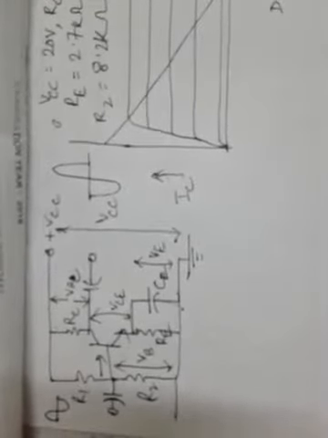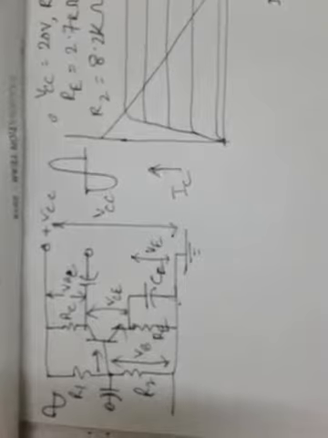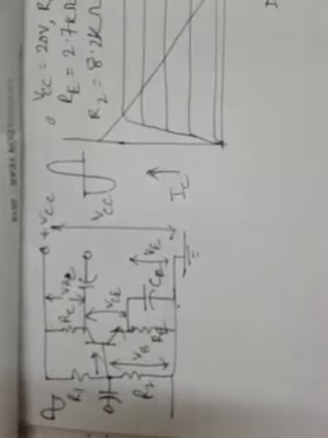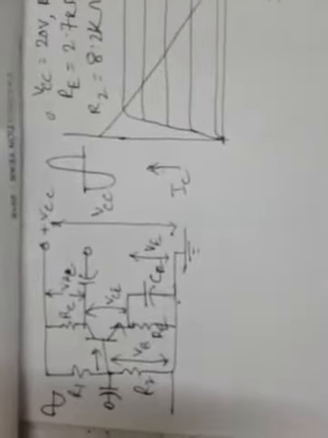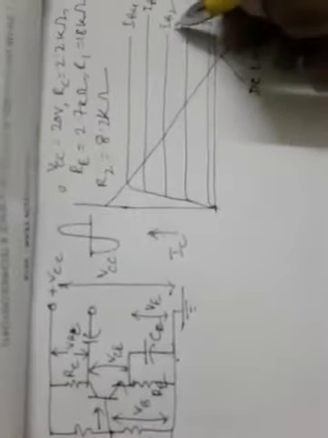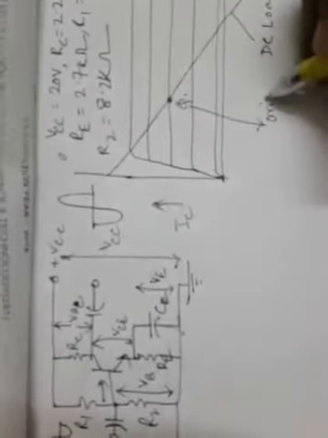Now the first condition is you have to keep the Q point same. So here fix up the Q point for a particular value. Suppose for a particular value of IB2 we are fixing this Q point, because it is the intersection of the load line and the particular characteristic curve. So this is my original Q point.